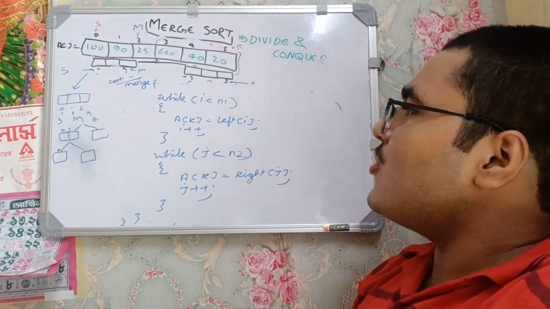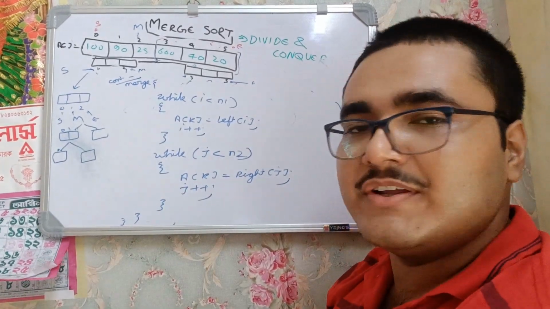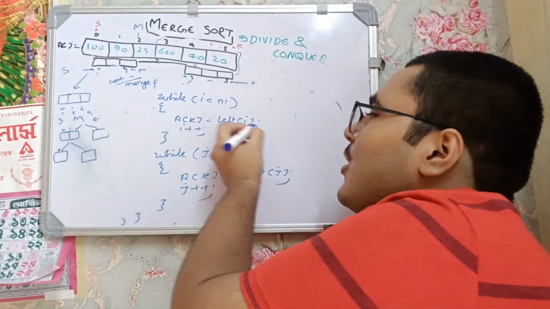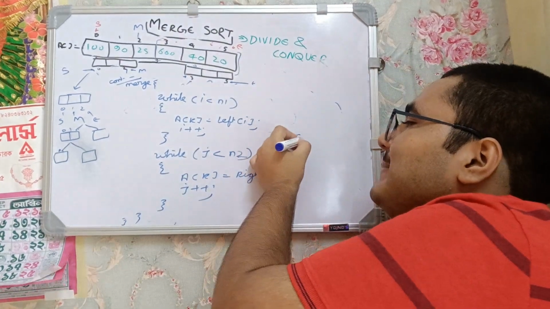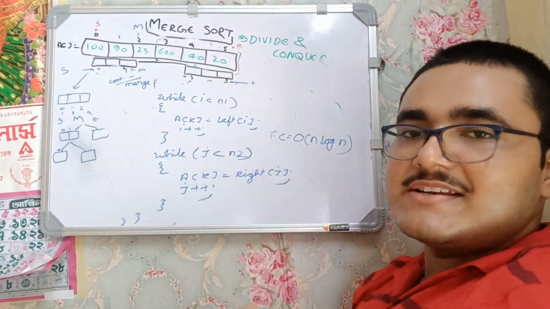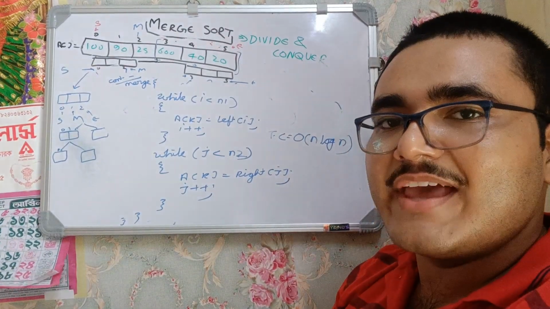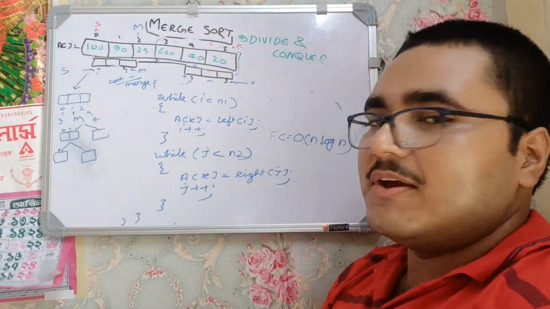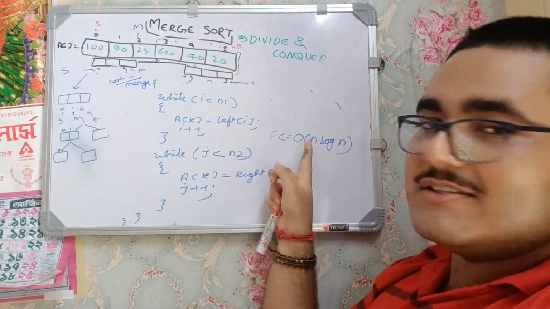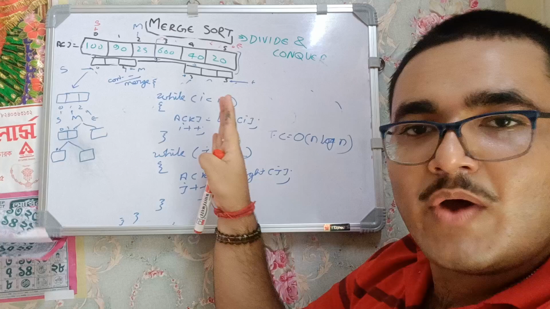So this was all about my merge sort algorithm, and the time complexity is big O of n log n. Big O of n log n in all the three cases, that is the best case, worst case, and average case. Log n is because we are constantly dividing, and n is because we are iterating throughout the array while merging.